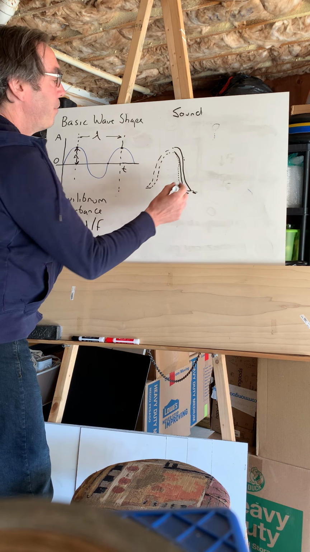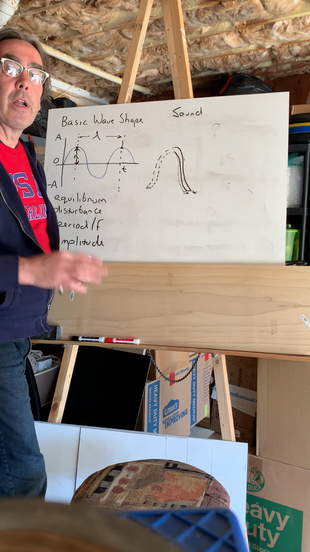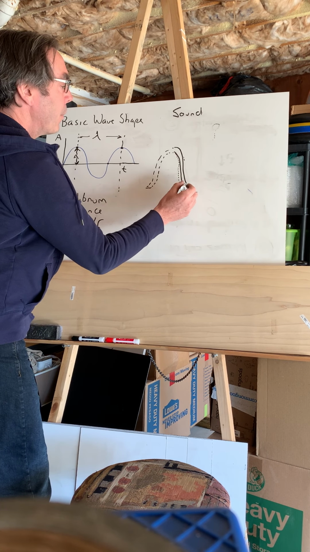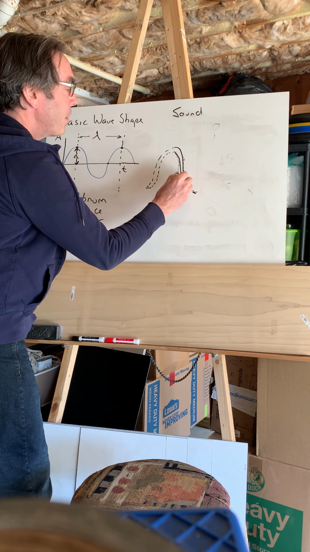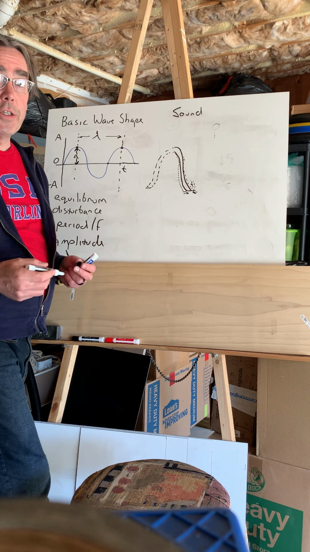by the initial hit, the air molecules around it are going to be expanded and they're going to go to a lower pressure. Then when the bell moves to here, it's going to compact the air molecules in front of it, so they're at a higher pressure.